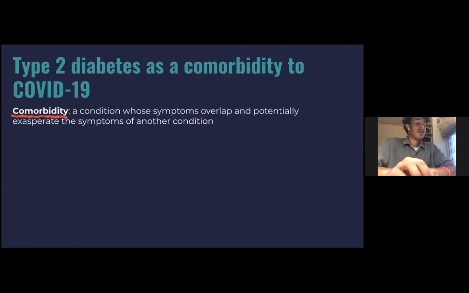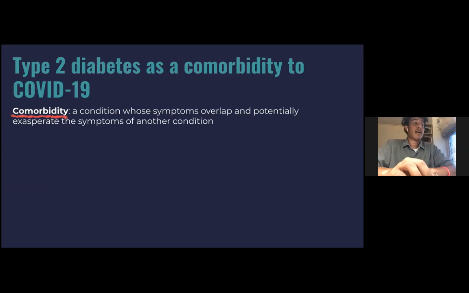Okay, so now I really want to define what a comorbidity is, and this is basically just any condition whose symptoms can overlap and potentially exacerbate the symptoms of another condition. A pretty easy example to think about is someone that's suffering from asthma. They have symptoms which may cause them to have trouble breathing.